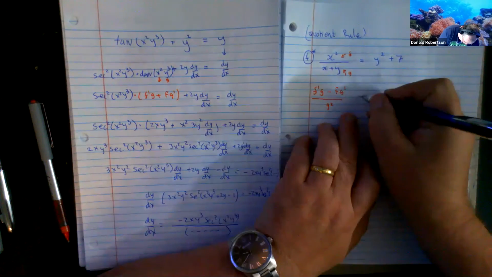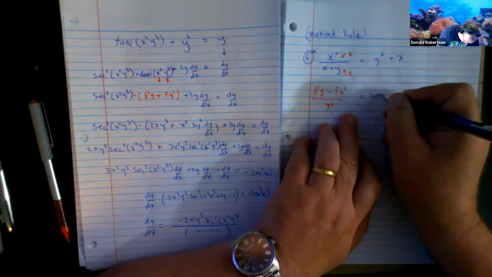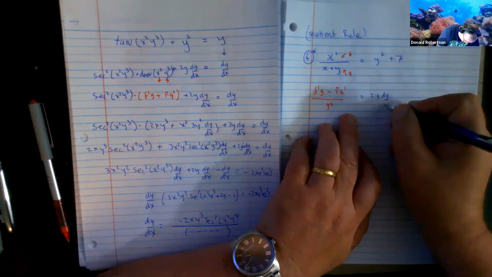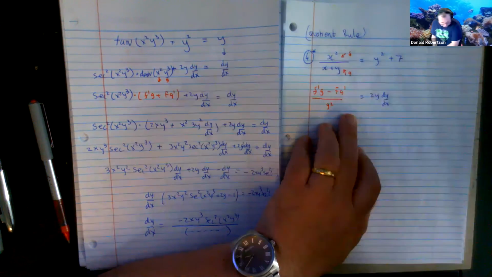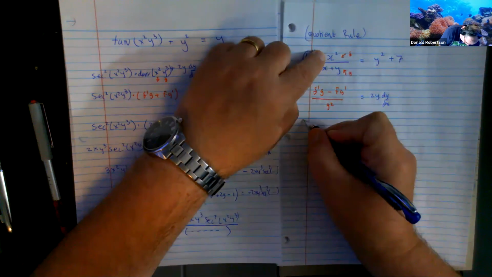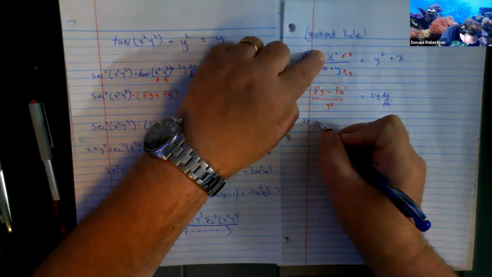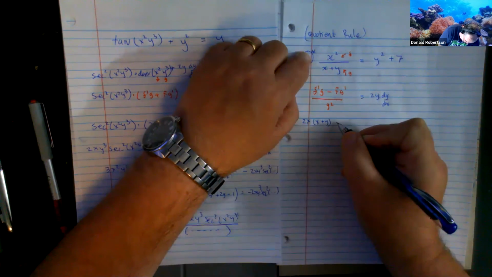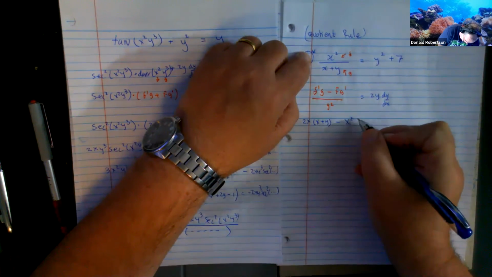And differentiate this guy, you get 2y dy by dx, and differentiate 7, you don't get anything. So here it goes. Top guy gets you 2x, leave the bottom guy alone, minus, leave the top guy alone.